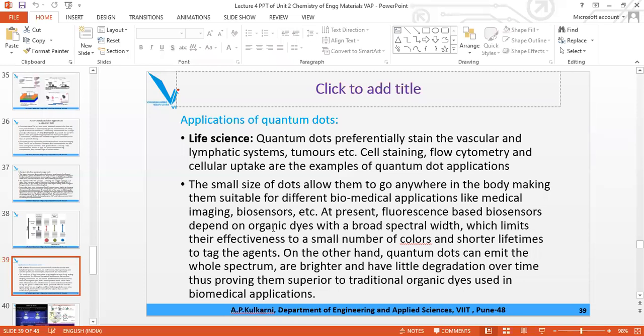Therefore we can use quantum dots: we can irradiate them with UV light, and they will give different colors, and those different colors are taken up by your body cells or tissues. Depending on the color taken up, the doctors come to know which cells or tissues of the body are not in order.